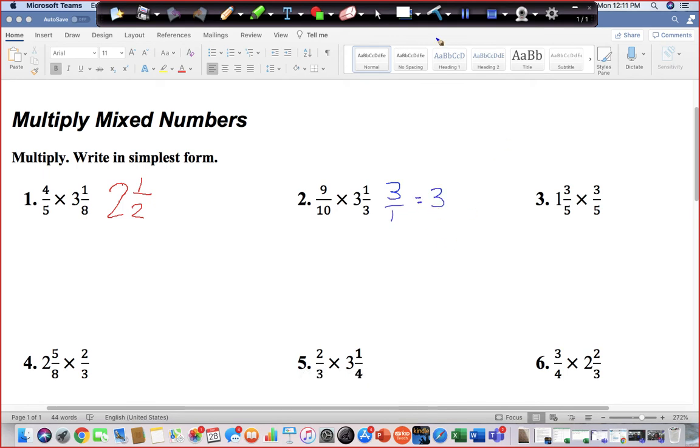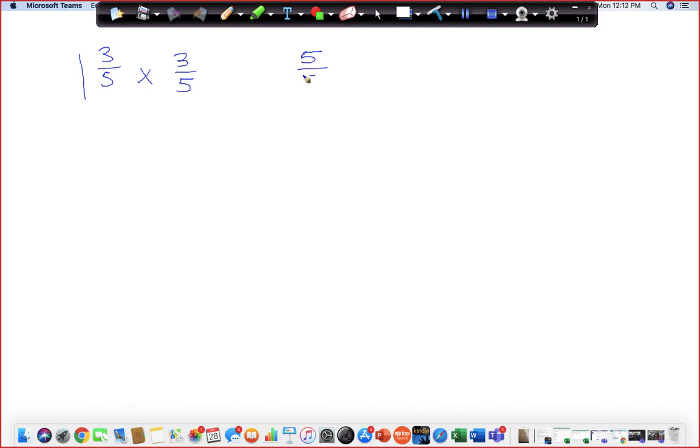Okay, our next problem is 1 3/5 times 3/5. Again, this first one is in fifths, so this is 1 whole. And then we also have 3/5. So we add them together. 5 plus 3 is 8. Our denominator doesn't change.